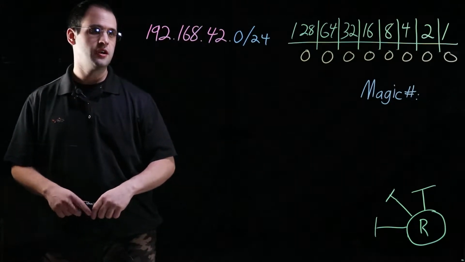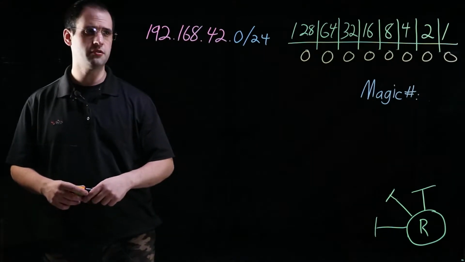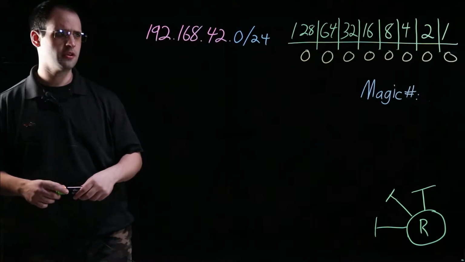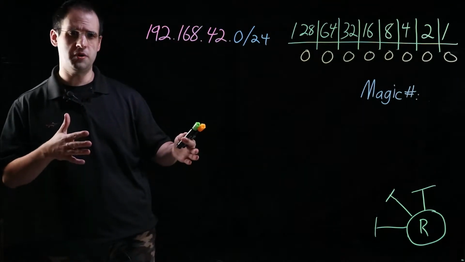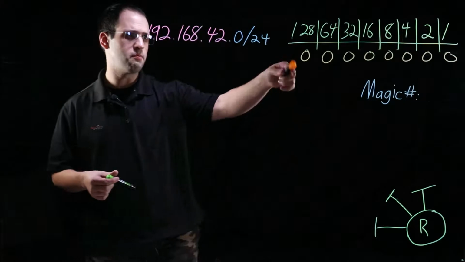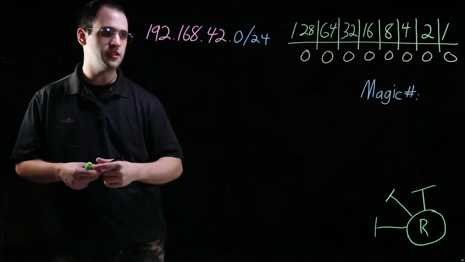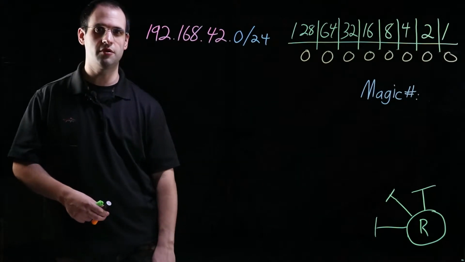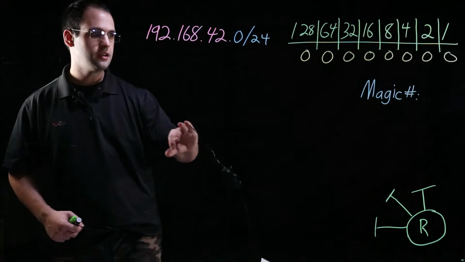In the last video we took a look at breaking down a given IP address. In this case we have 192.168.42.0 in this /24 network. And last time we looked at how we could break that up into smaller pieces. We borrowed a bit, and every time we borrowed a bit, we shrunk the size of each network, but we increased the number of networks, right? We doubled the amount of networks that we had.